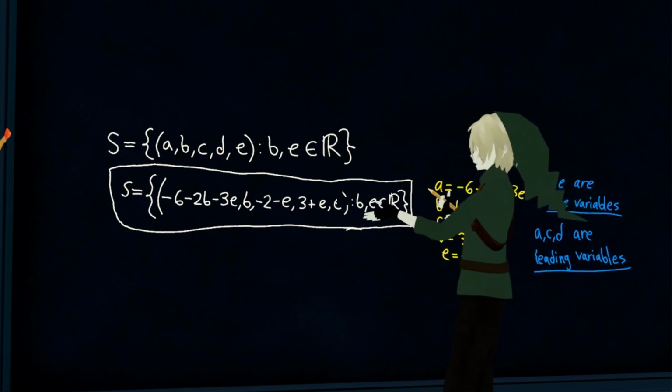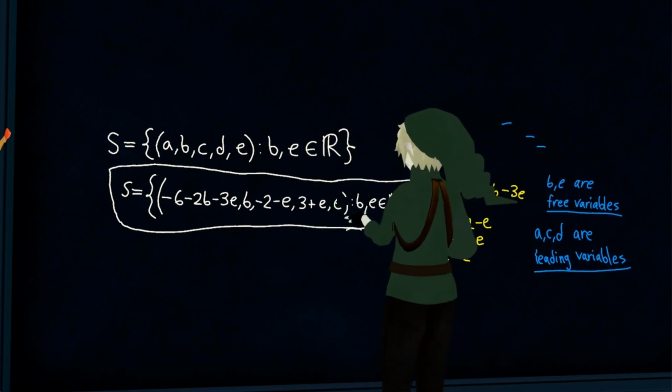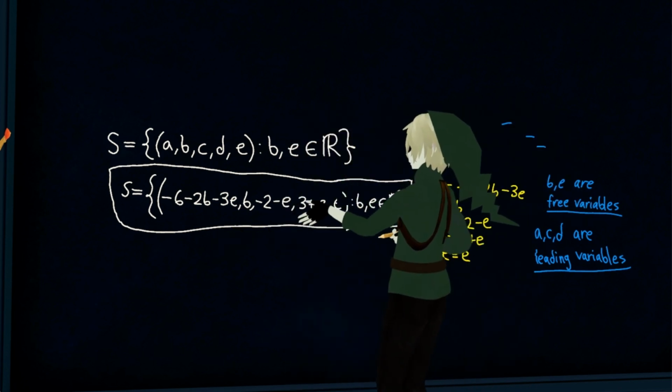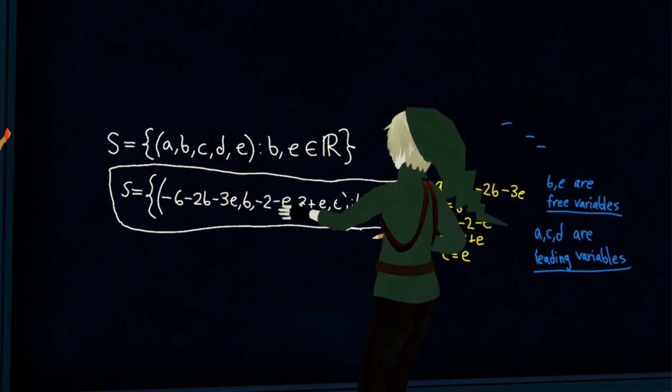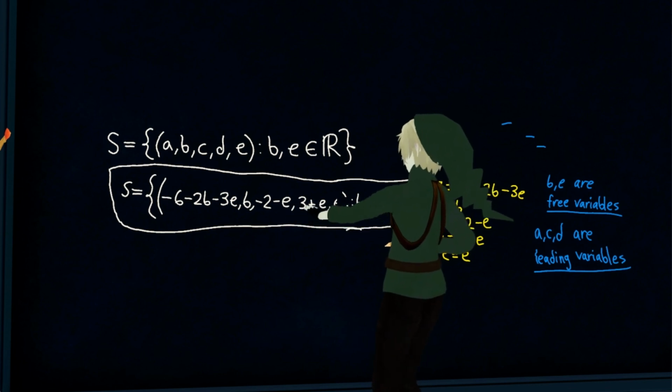But yeah, again, we have to write it in this form, right? Where B and E can be any number, but for A, C, and D, it has to be in this format. That's what this solution means.